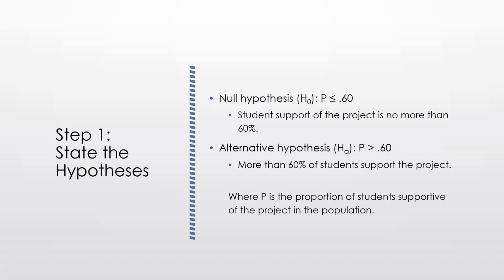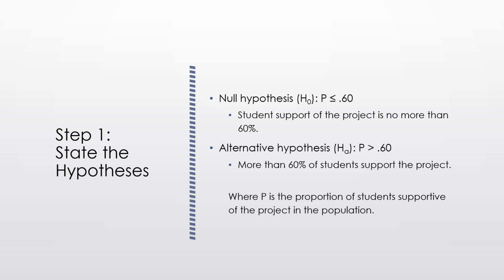First, we need to understand that this is a directional test because the researcher is hoping for a proportion greater than 60% or 0.60 in proportion. So the null hypothesis is H0: P lower than or equals 0.60, which states that student support for the project is no more than 60%.